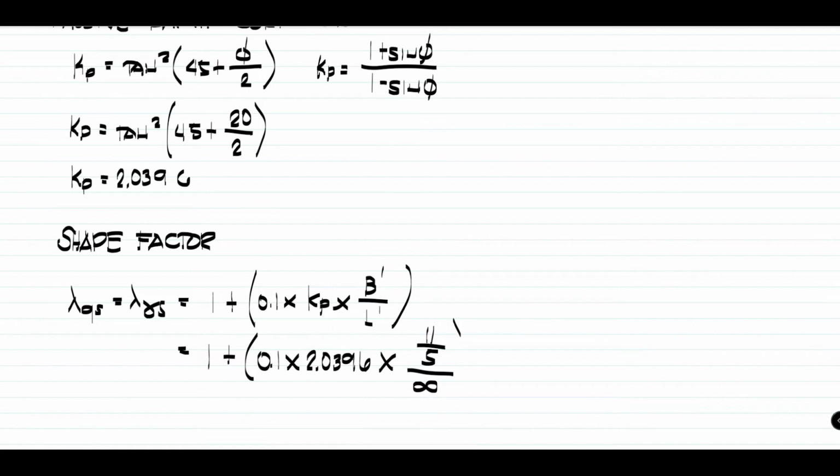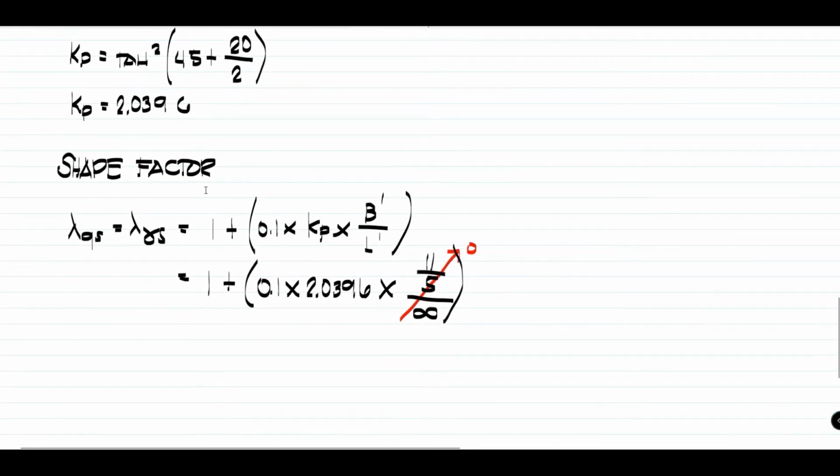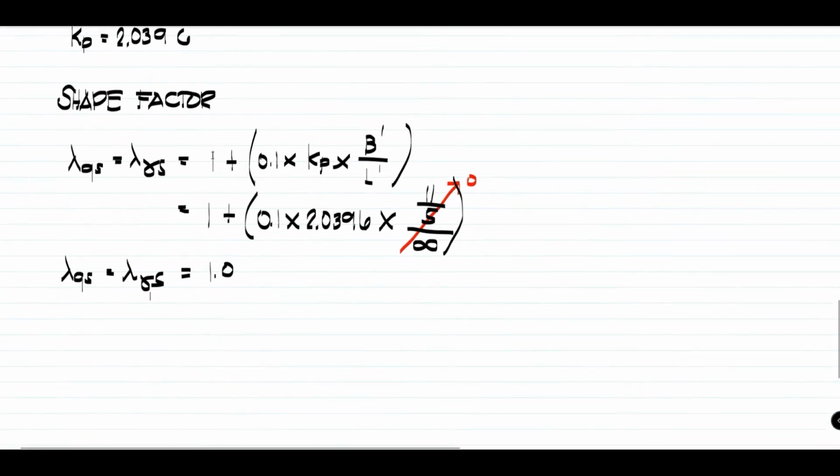So then, alam natin that if we divide a number with an infinite number, this will become 0. So, ibig sabihin, our lambda QS times lambda gamma S will just be equivalent to 1.0. So, ito na ngayon yung lambda QS natin and yung lambda gamma S.